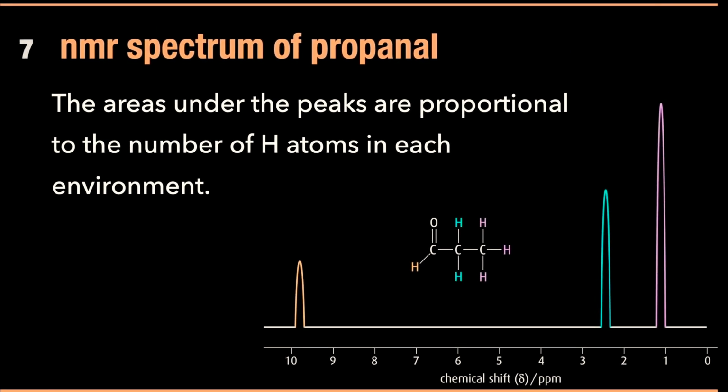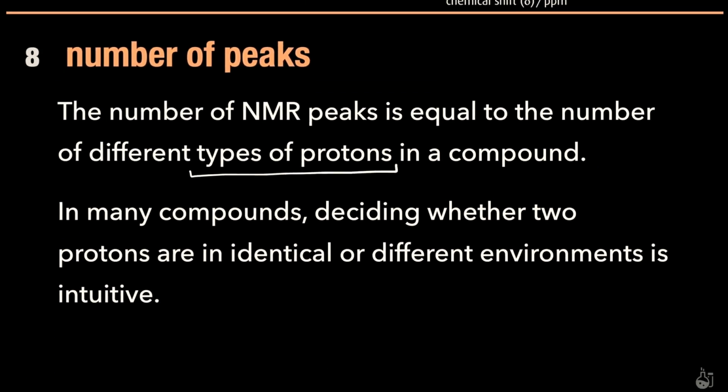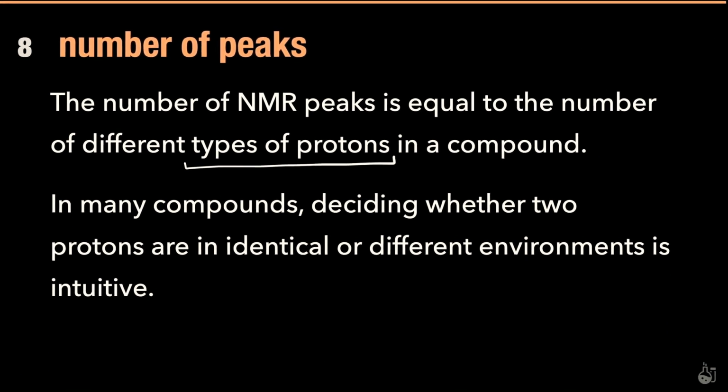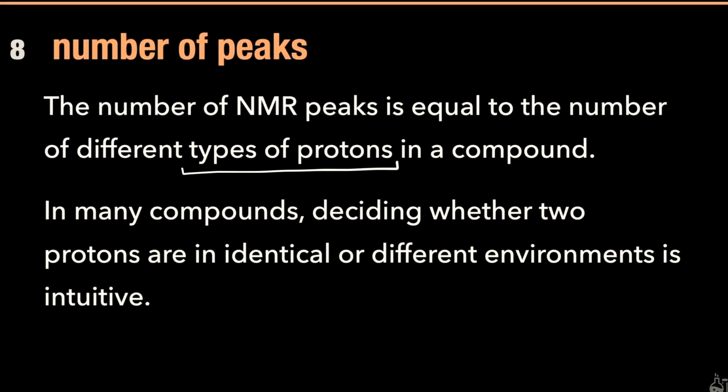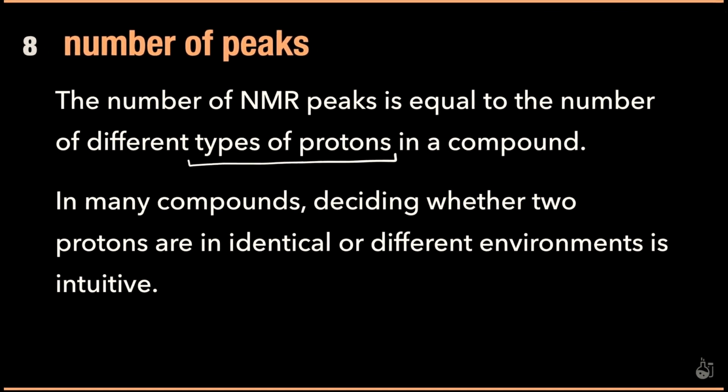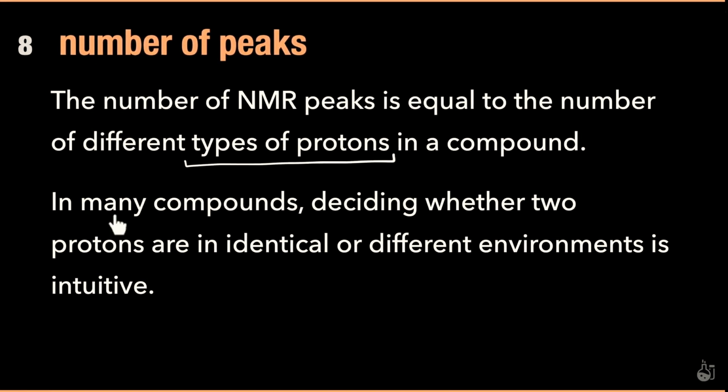Now let's scroll down. So different types of protons ki baat aa gayi, theek hai? Then now this is very important. Our first job will be to figure out if two protons are identical or in different environments. Generally, we already discussed that if the protons are on the same carbon atom, they are the same.